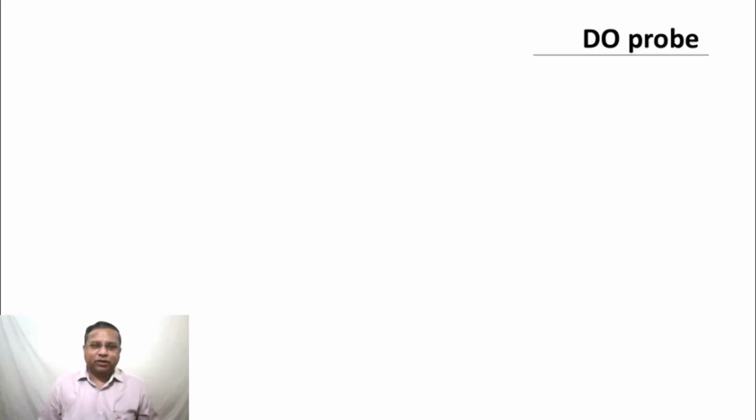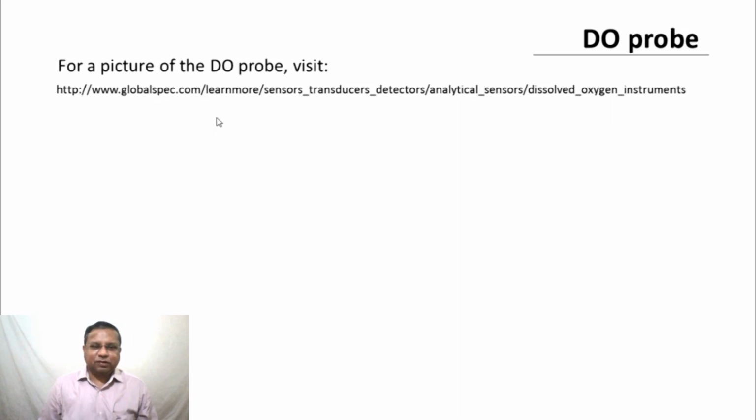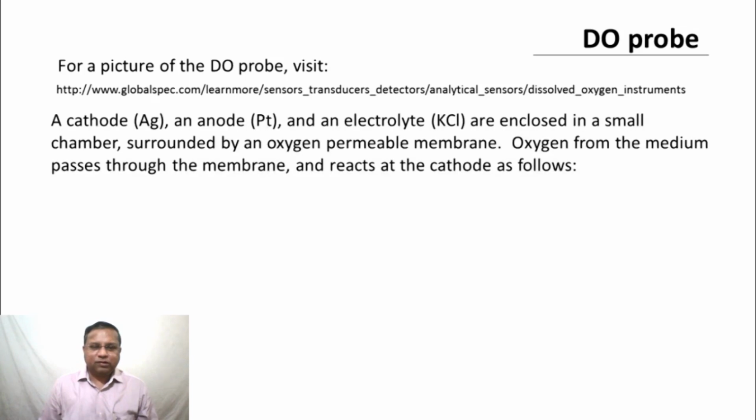The DO probe, the probe that is used to measure the dissolved oxygen level, for a picture you could visit this site. I think it is also given in your notes. It is an electrochemical probe. Therefore, you have a cathode which is silver, an anode which is platinum.